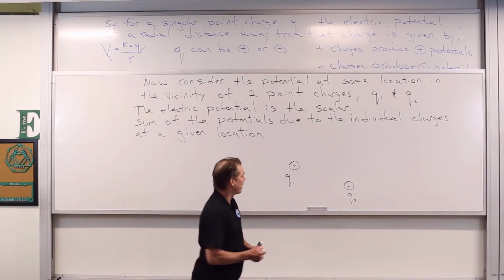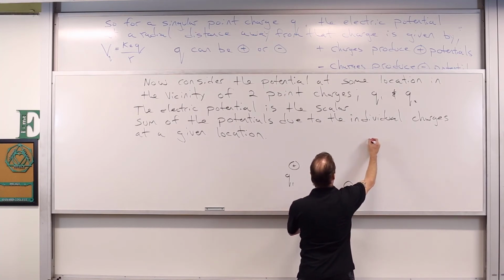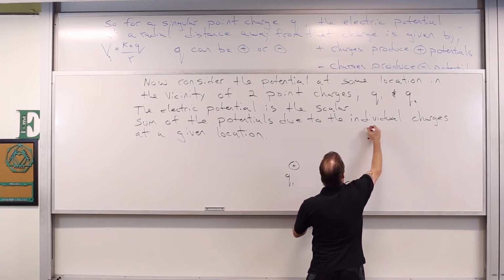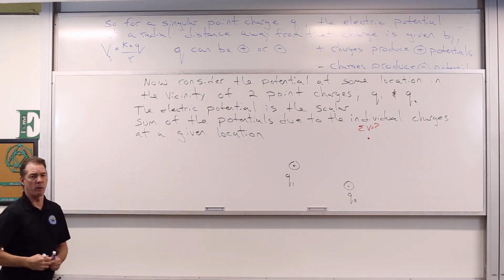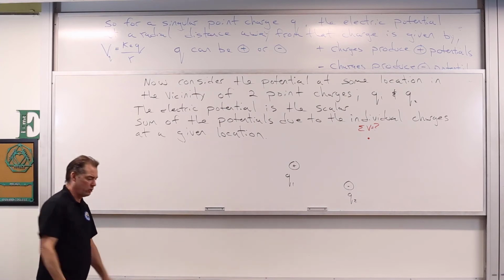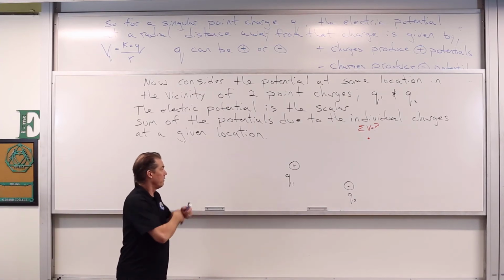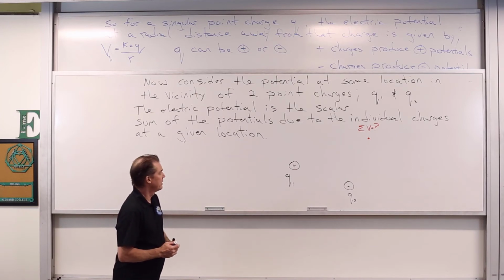So say that I want to know what the potential is. Let's do something like this. What is the net potential right there? Well, at any given region in space, there's only one potential. And it depends on what charges are in the vicinity of that position in space.